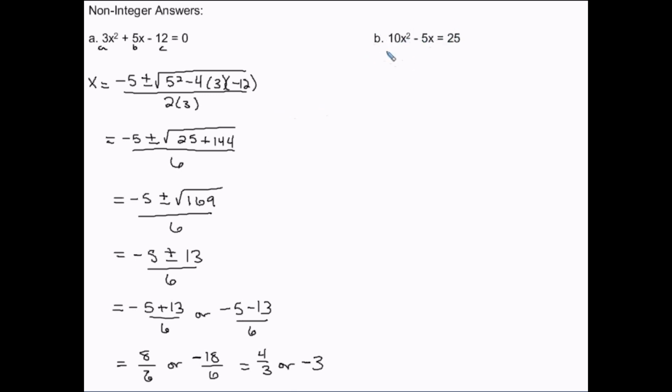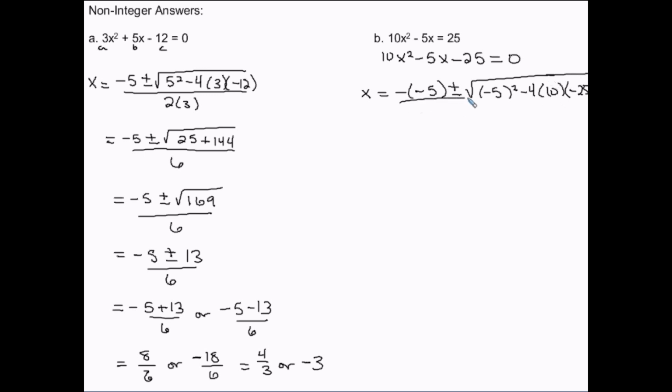This one I need to set equal to 0. Then plug them in. Negative b plus or minus the square root of b squared minus 4 times a times c. Ran out of room there. All over 2 times a.